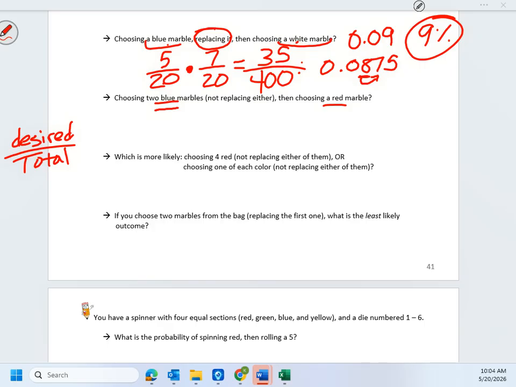Not replacing either. Are we gonna look the same if we don't get that blue marble back in the bag? Think of how it changes your numbers. Take the blue marble out. Don't replace it.